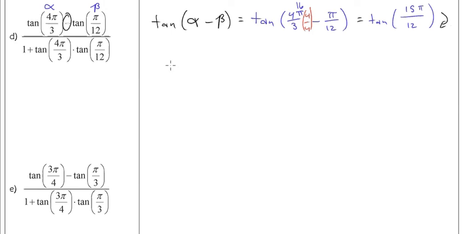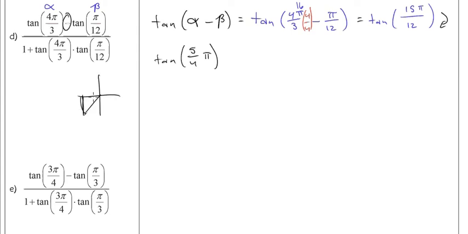That reduces down to tangent of 5/4 pi. Think about where 5/4 would be: there's 4/4 and one more fourth.